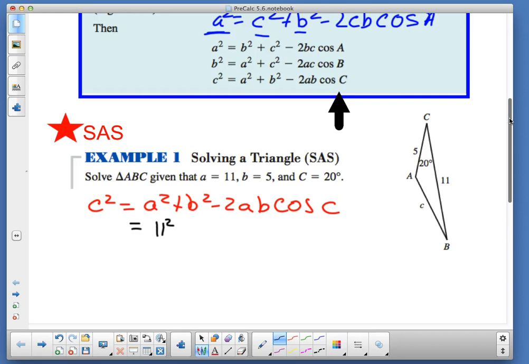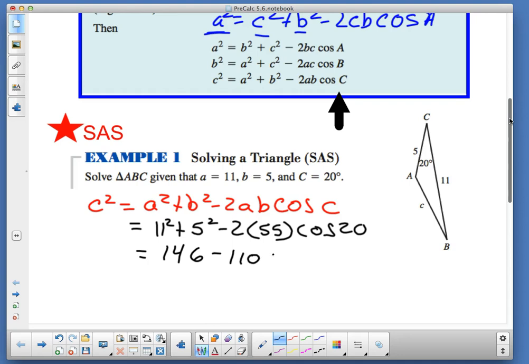A is 11 squared, B is 5 squared, 2AB is 110, and cosine of C, which is 20. 11 squared is 121 and 5 squared is 25, so 146, minus 110 cosine of 20.